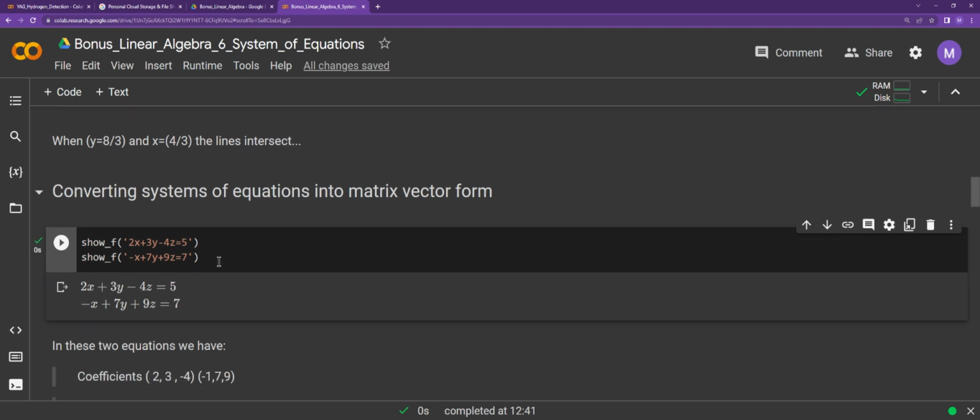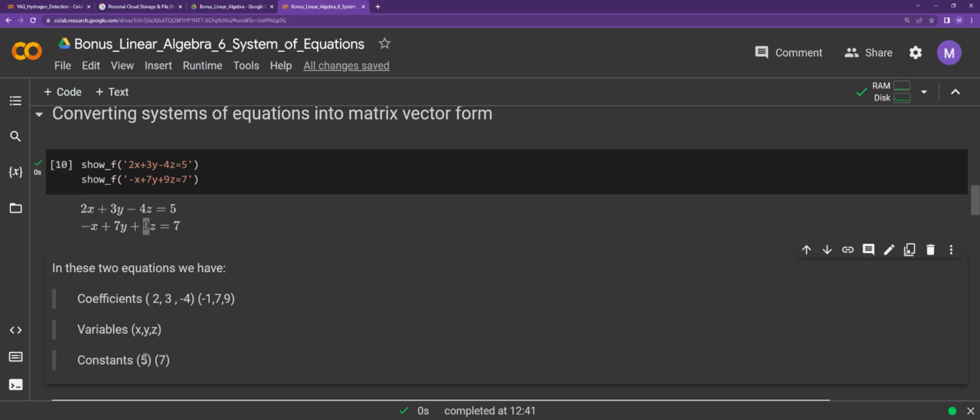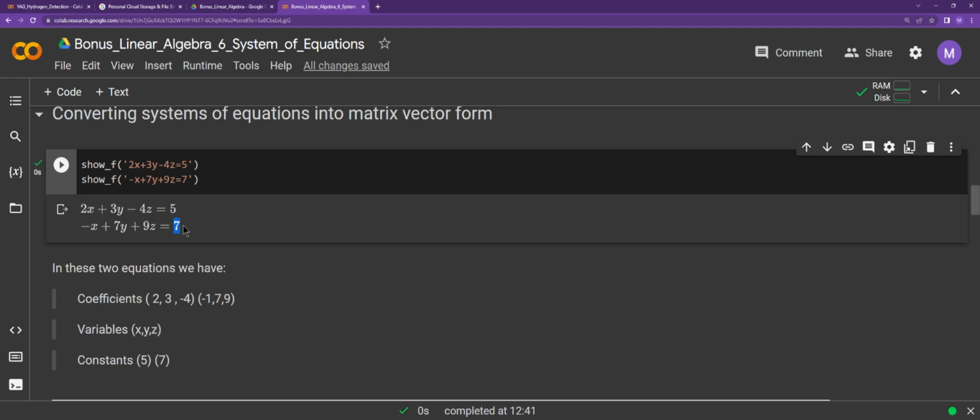So in terms of linear algebra, if you were to do this by hand, we need to understand that the coefficients are 2, 3, and minus 4 for the first equation, and minus 1, 7, and plus 9 for the second equation. Now we have variables x, y, and z, and we have two constants, which are 5 and 7. That's how this is working at the moment.